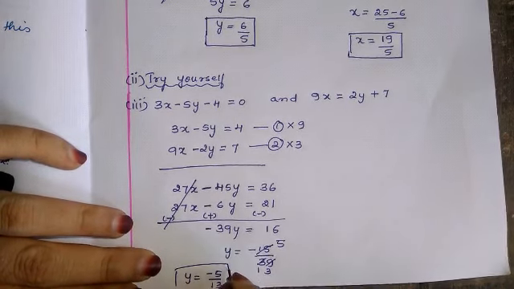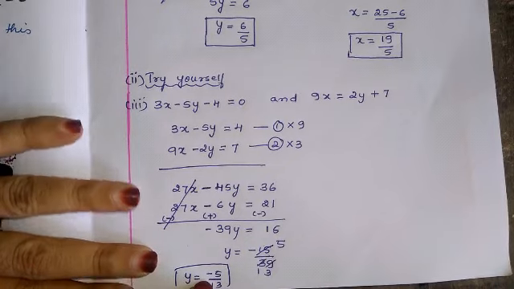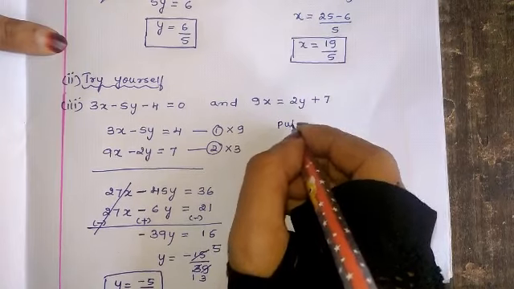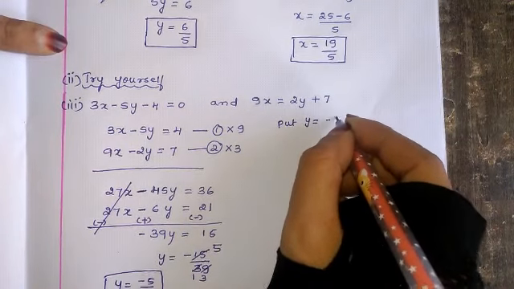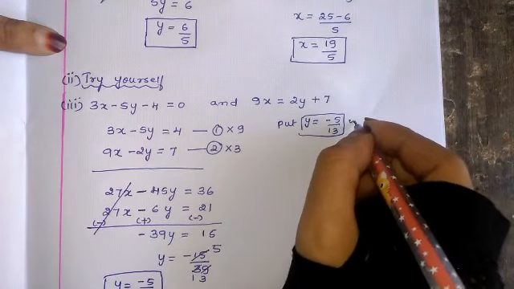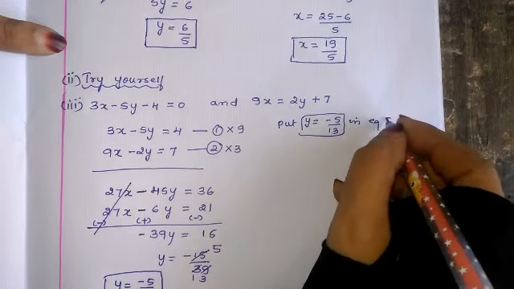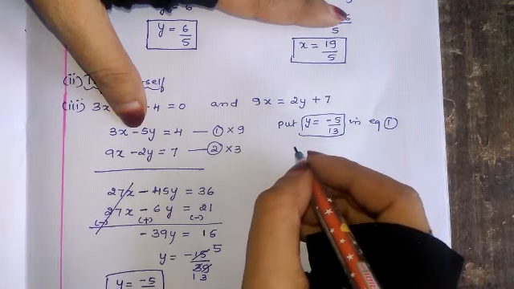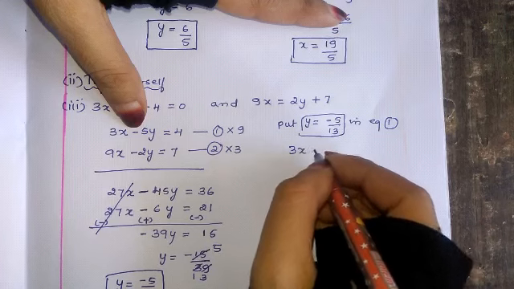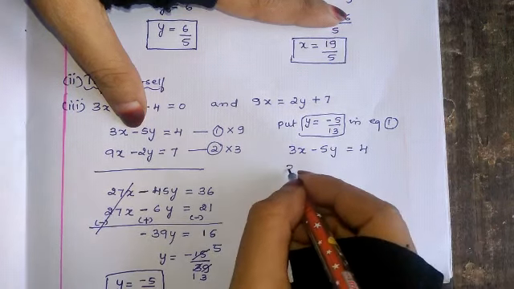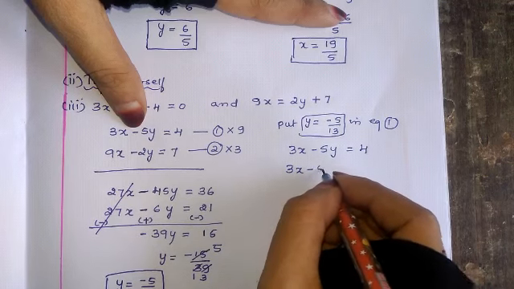Now what we have to do? This minus 5 by 13, put in equation 1. Put y is equal to minus 5 by 13 in equation 1 or 2, whichever you want we can take. So I'll take equation 1. 3x minus 5y is equal to 4. 3x as it is we will write, minus 5.